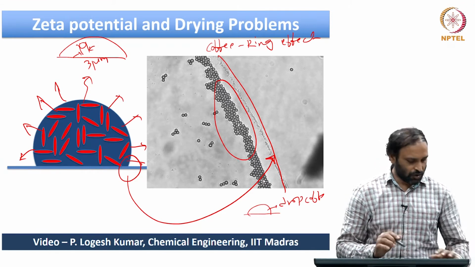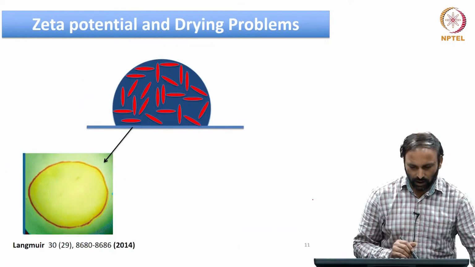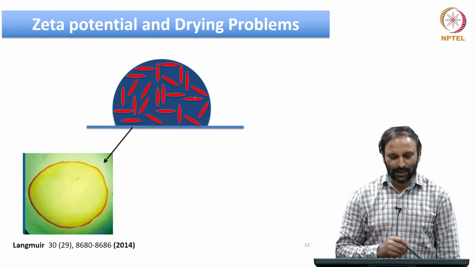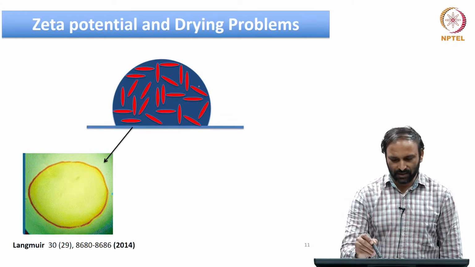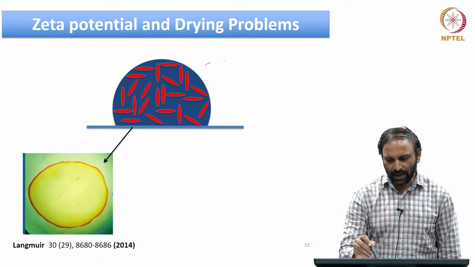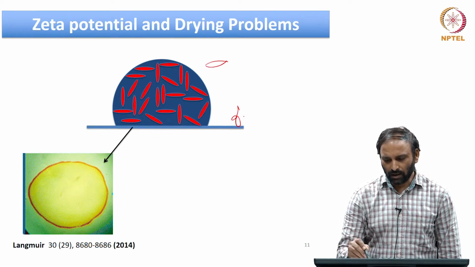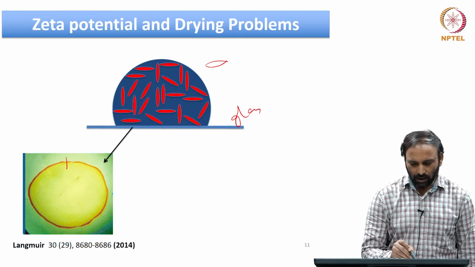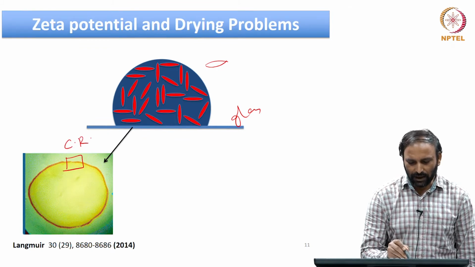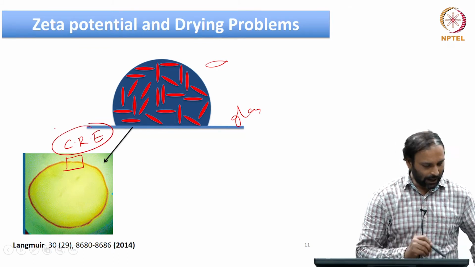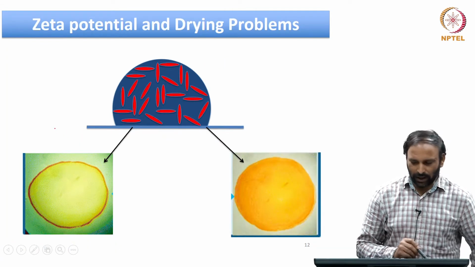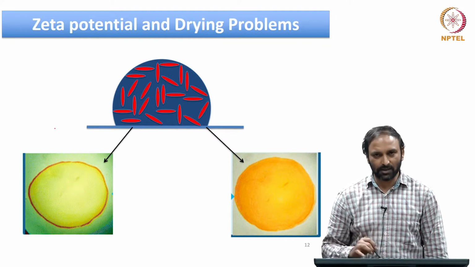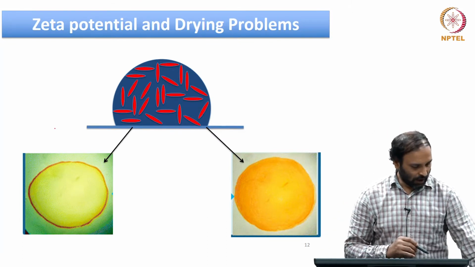Okay. So, with this in mind, if we deposit dispersion containing elliptical particles, that is hematite particles, on a glass substrate, it turns out that there are conditions where we get a classic coffee ring effect, and of course, there are conditions where you get a more uniform deposition of particles throughout the deposit.